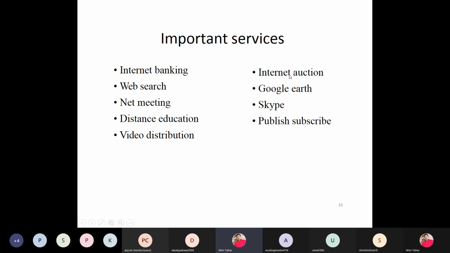Then web search, Google Earth, internet auctions, internet banking, everything you can imagine as a system application on the internet. They have some type of shared resources and some computational capability, so you can consider that application an example of a distributed application.